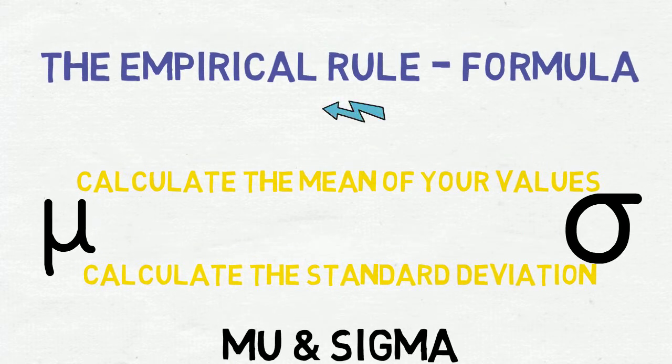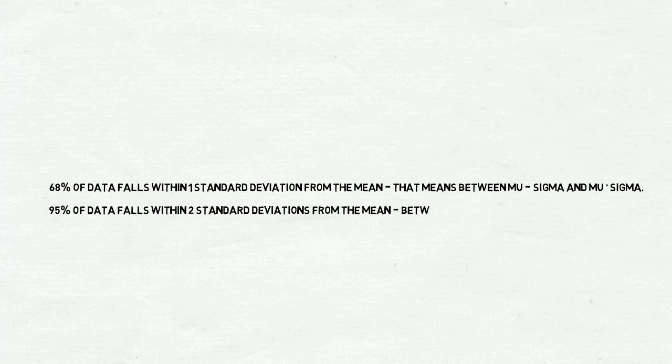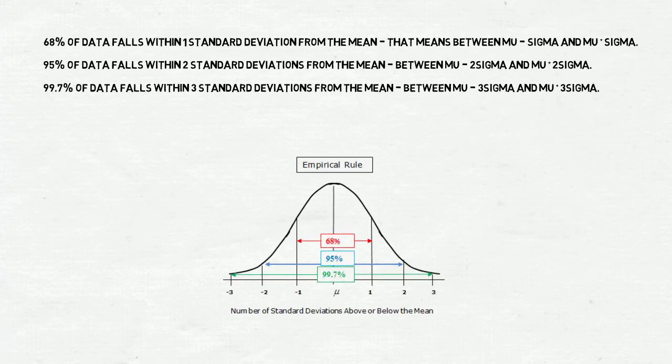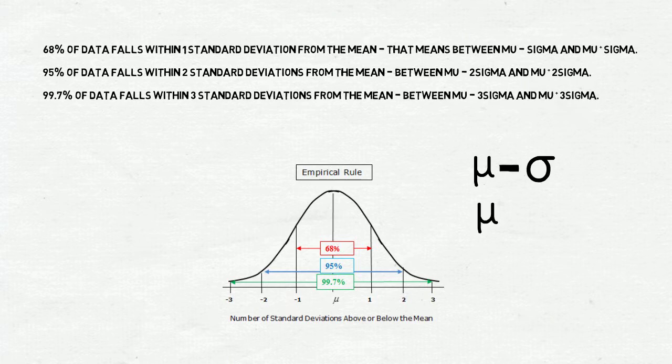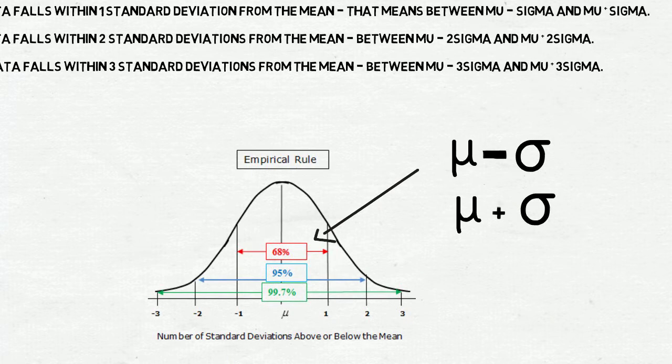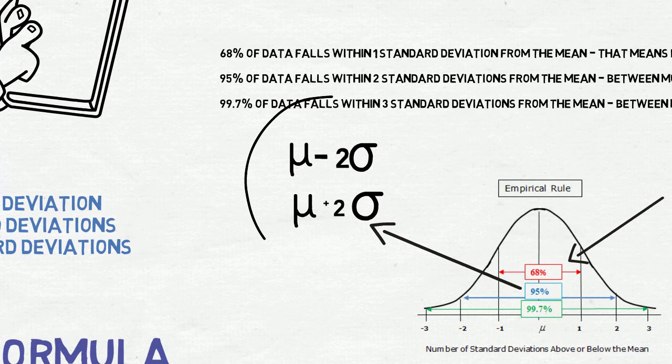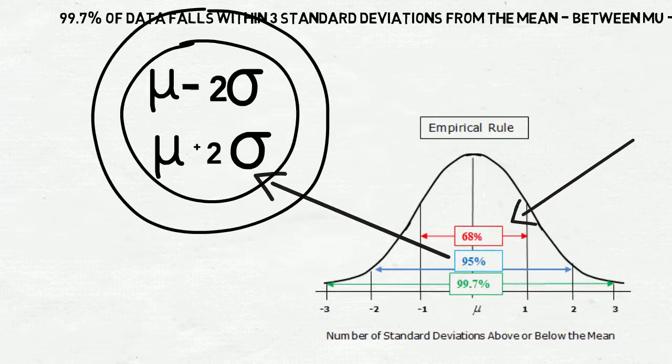We know that 68% of the data falls within one standard deviation from the mean. That means mu minus sigma and mu plus sigma contain our first 68% of the data. 95% of the data falls within the second standard deviation from the mean, between mu minus 2 standard deviations and mu plus 2 standard deviations.